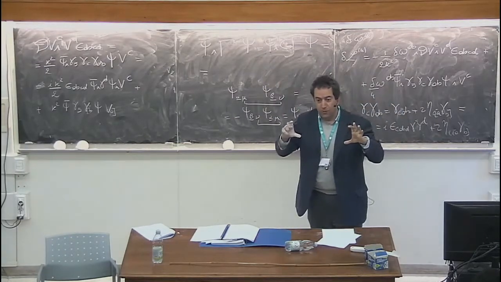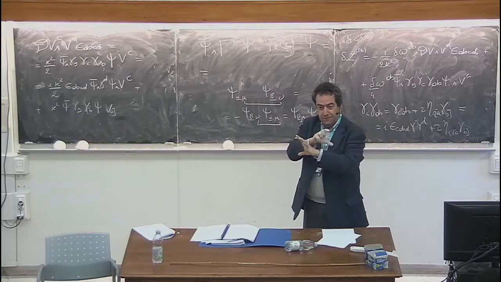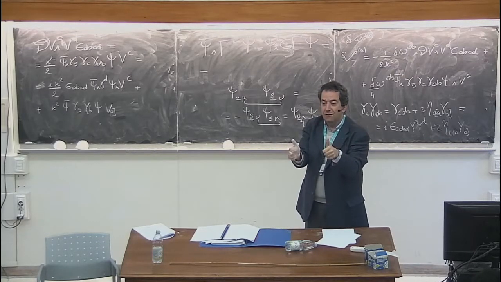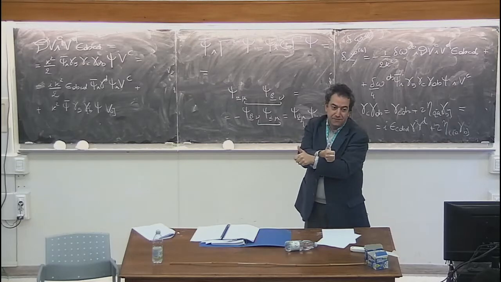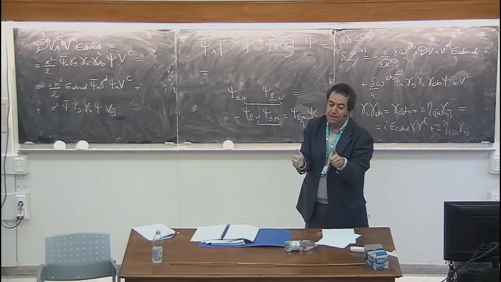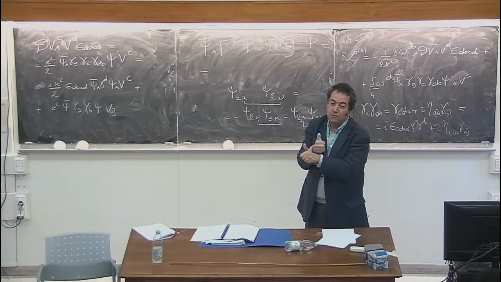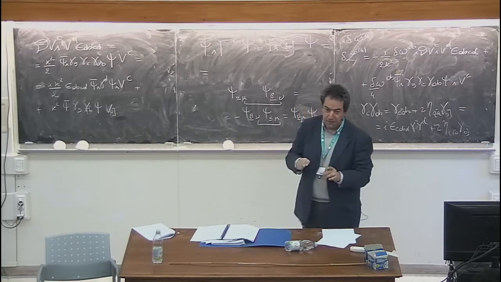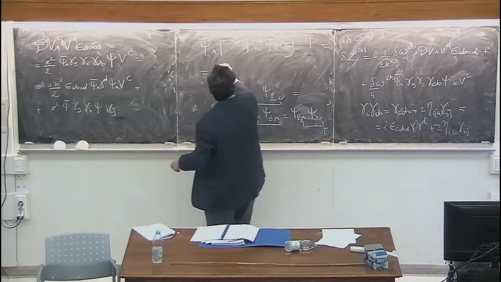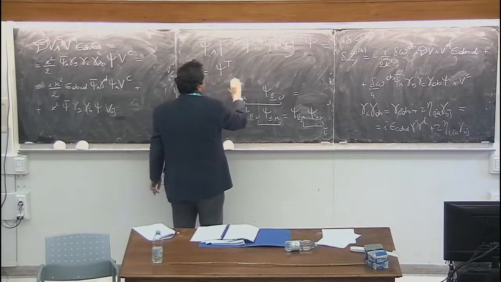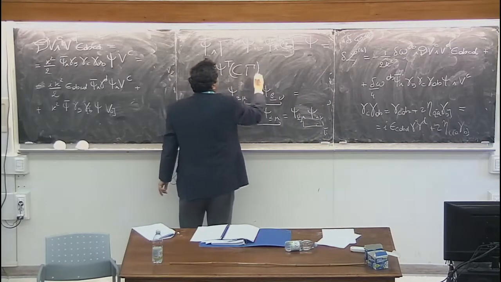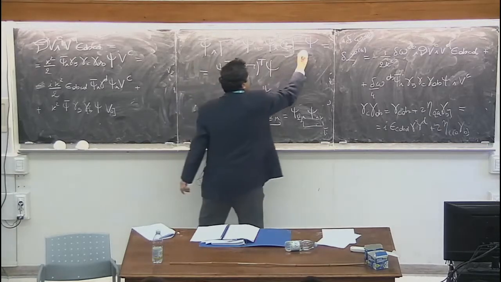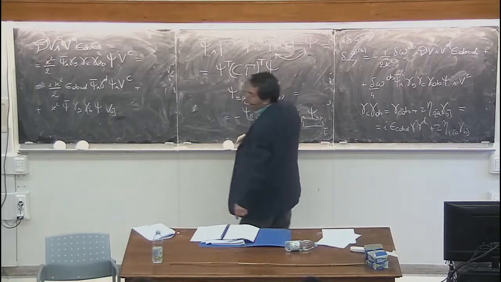Psi as one-forms commute, because you get a minus sign from the fact that they are spinors, and another minus sign from the fact that they are one-forms. Minus times minus is a plus. So what we get here is psi transpose C gamma transpose psi, because I've just interchanged the position of the two psis.